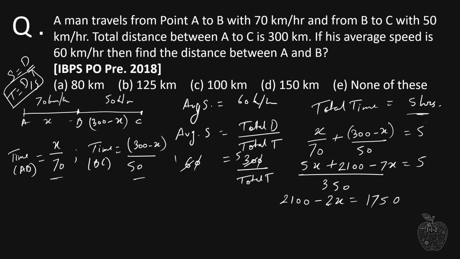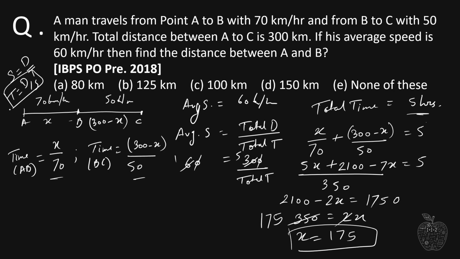So we are left with, let's take 2x on the right hand side. We get 2100 minus 1750, which is 350, is equal to 2x. So we get x equal to 175. That means x, which is the distance between A and B, is equal to 175 kilometers.